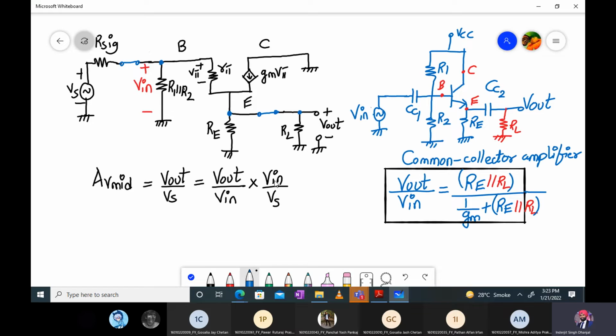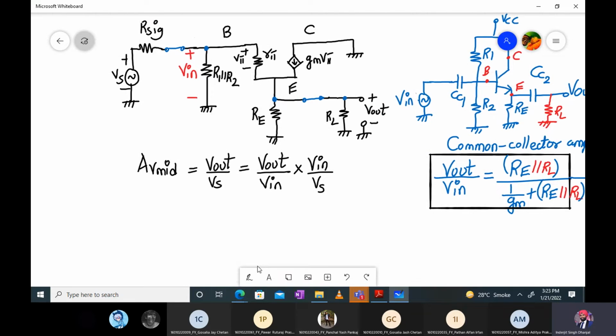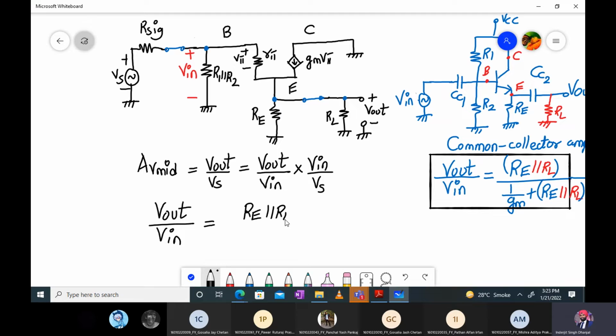So the V out upon V in formula is sorted out. We know what V out upon V in is, so let me write it again over here confidently: V out upon V in is given by, there is no negative sign, a positive sign only, RE parallel to RL divided by 1 upon gm plus RE parallel to RL.